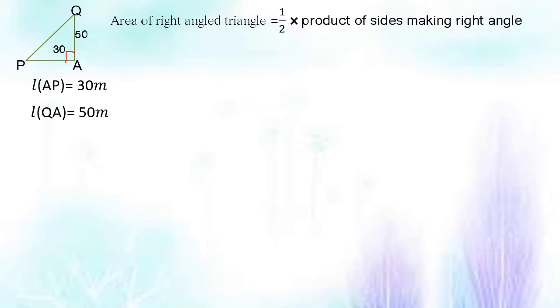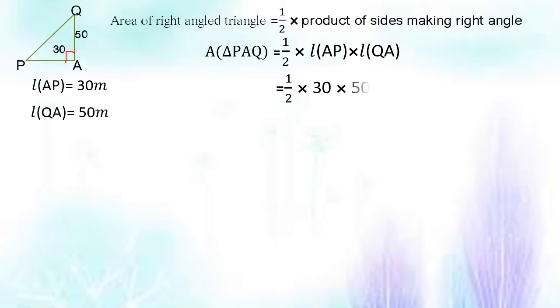That is AP and AQ. These are the sides making right angle. Therefore, area of triangle PAQ will be equal to half into length AP into length QA, is equal to half into 30 into 50. 2 ones are 2, 2 15s are 30, right? Which will be equal to 15 into 50. That will be equal to 750 square meter. Okay, so area of this triangle is 750 square meter.